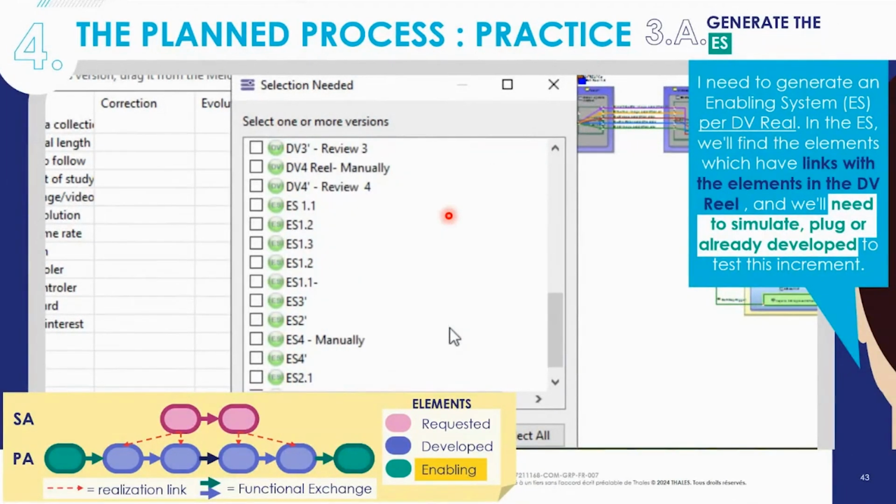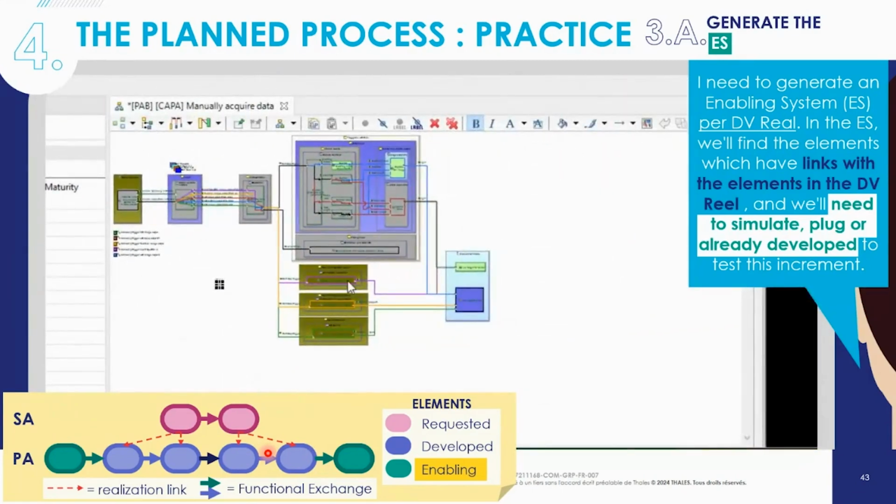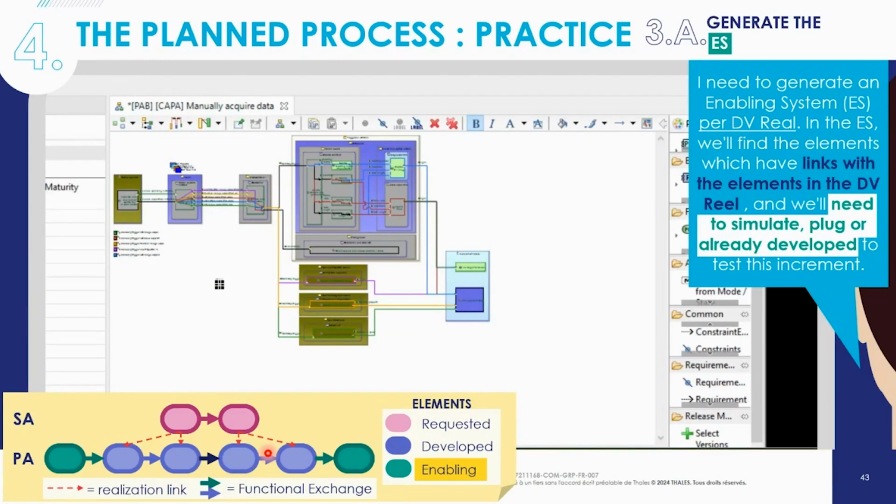This link may be a functional exchange or allocation, but it's not a realization link between elements. These elements are not present in the DV real, either because they do not originate from the functional chain in the RV, requested version, or because they are present in another developed version real.